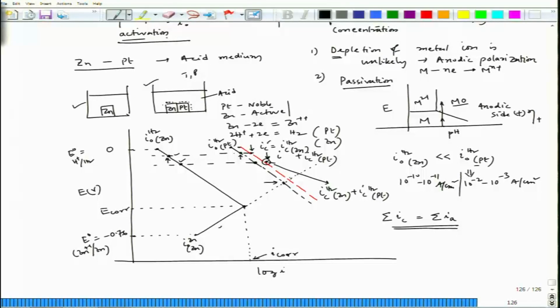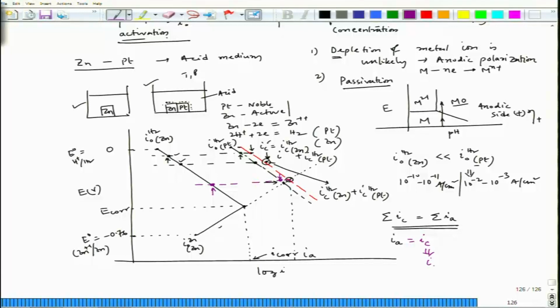And now if I look at this point, here I have IA, which is this one, and if I try to see the total IC, these are the two points where I could see that at this circle point, IC equal to IA, and this IC has two parts, one is this IC, another one is this IC.